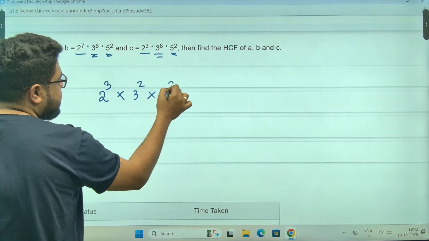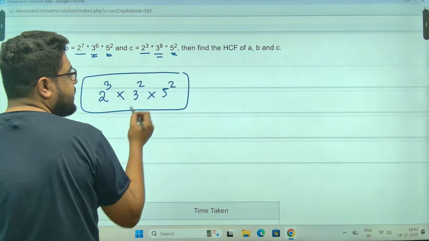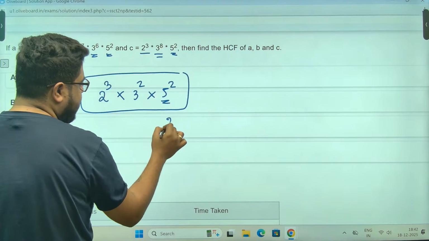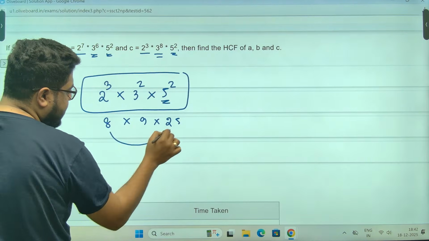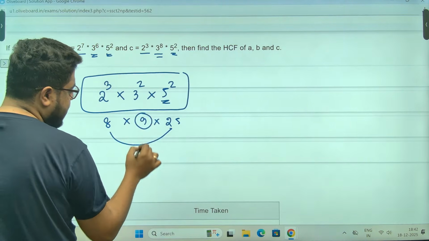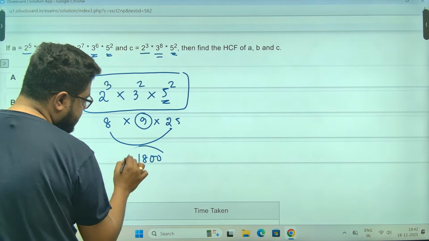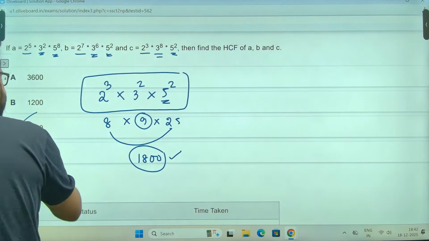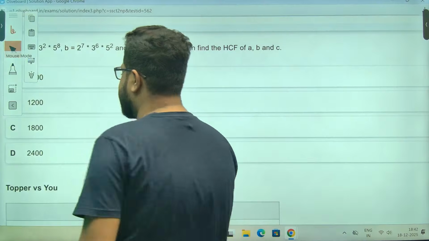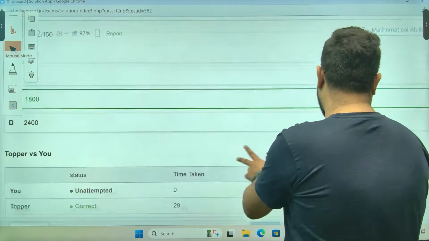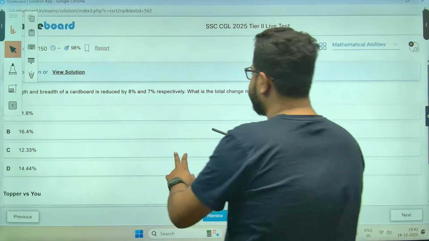So 5 square. So this is your HCF. 5 square, 25, into 9, into 8. 25 into 8 is 200, and 9 times that is 1800 will be the answer. 1800, option C is the correct answer. Again, very simple, as you can see. Not a difficult question. The second one is as well.